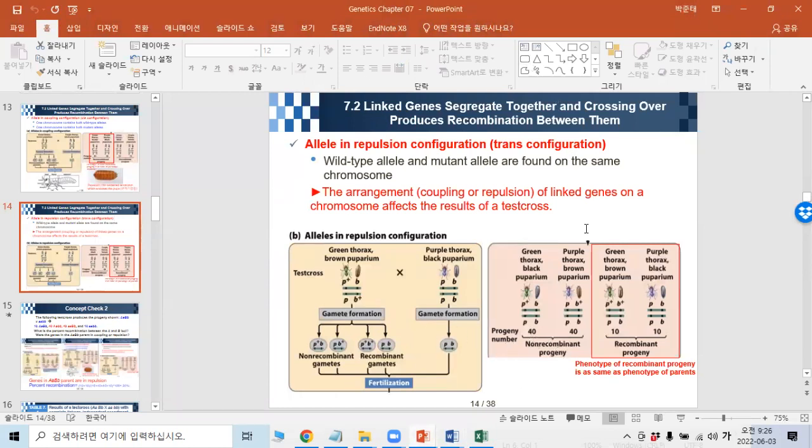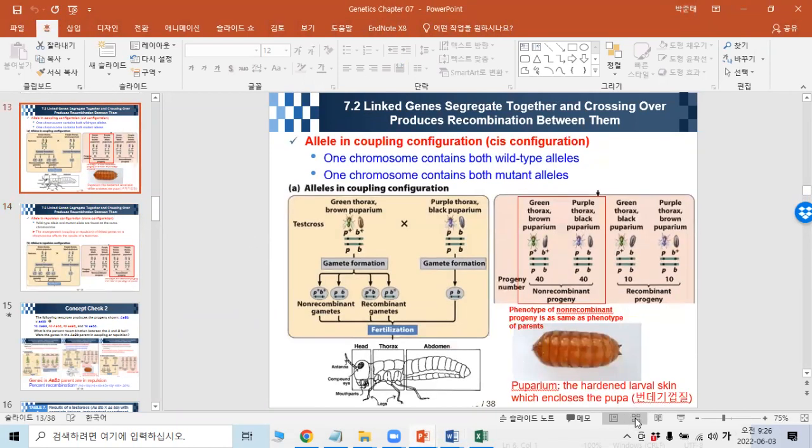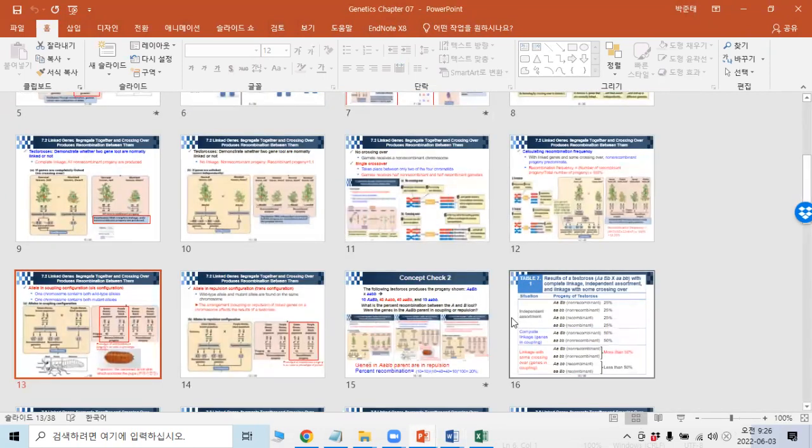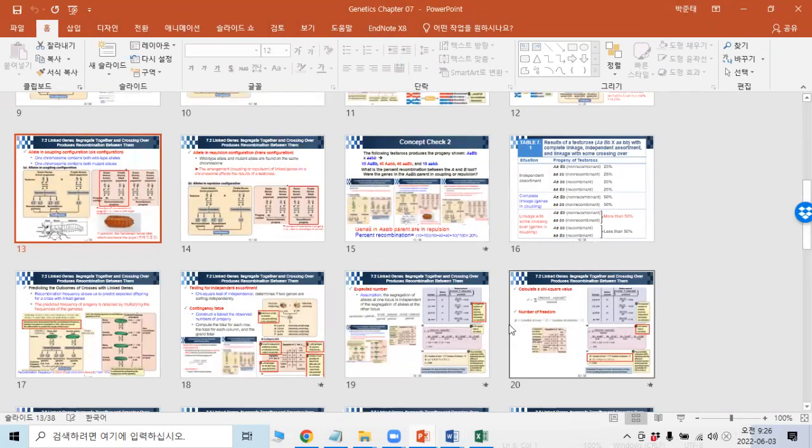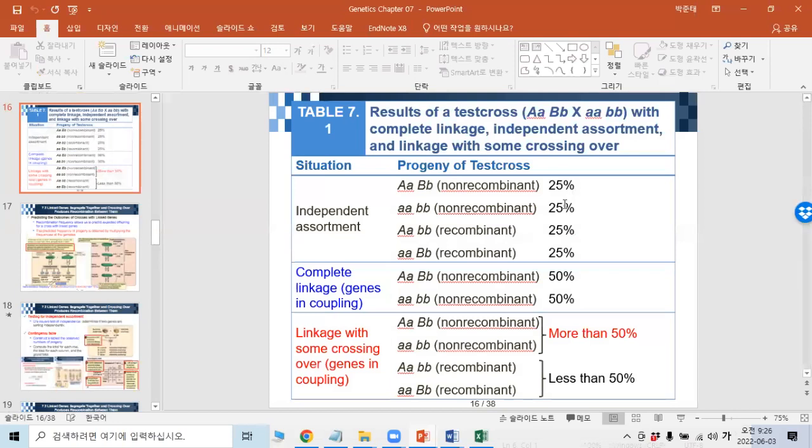So this one is important. Okay, so we summarize it. If independent assortment, 1 to 1 to 1 to 1. Complete linkage, 50-50.